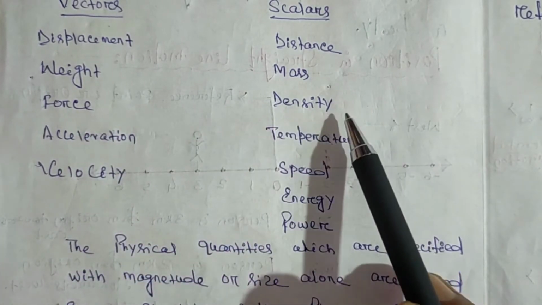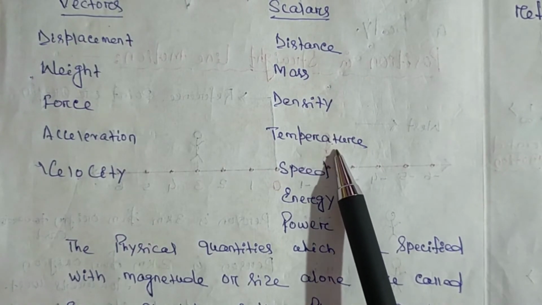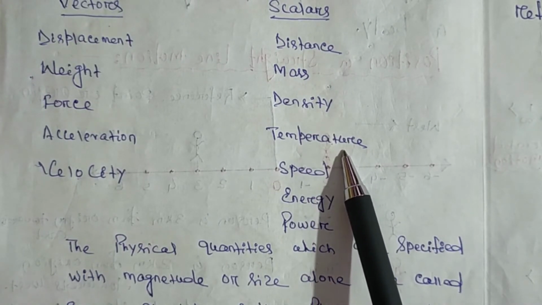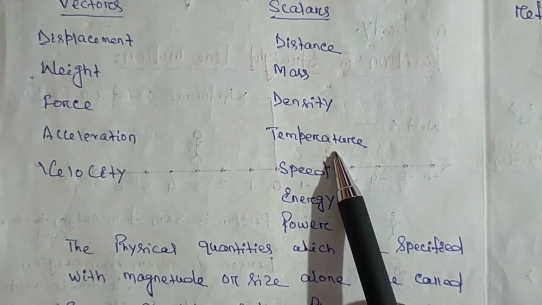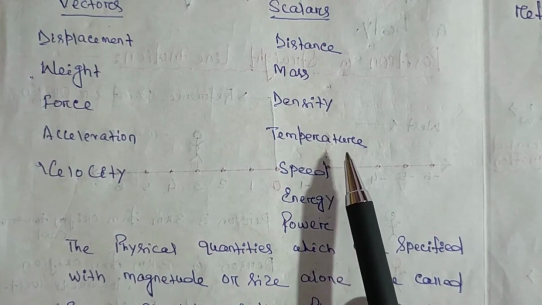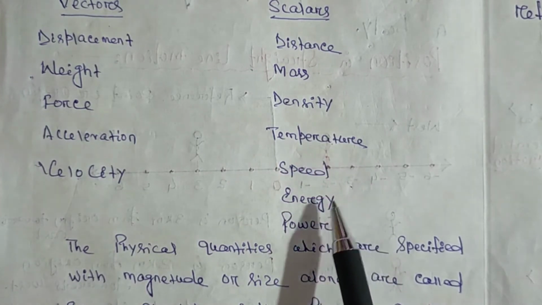Among scalar quantities are density, mass, temperature. Temperature has no direction, say 34 degree temperature. We cannot say 30 degree temperature towards east or towards west or towards north. Not like that. Only magnitude is present, that means a numerical value and a unit.